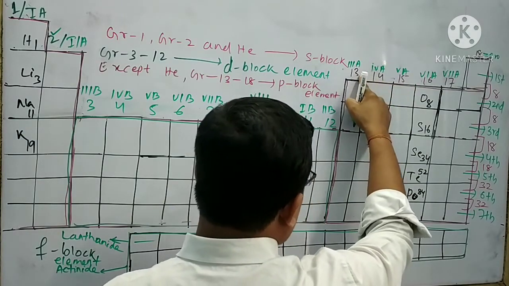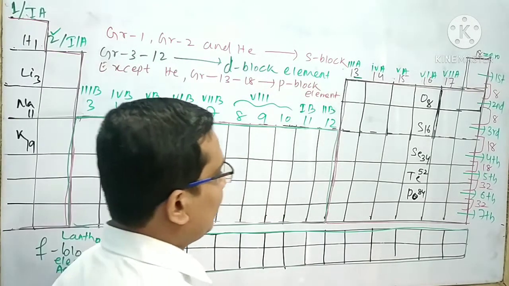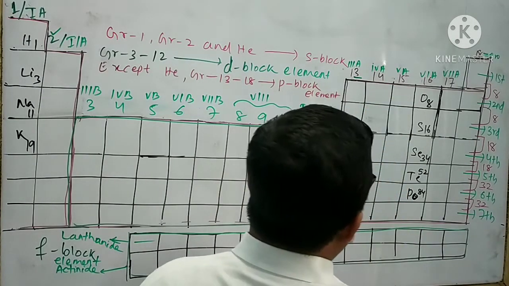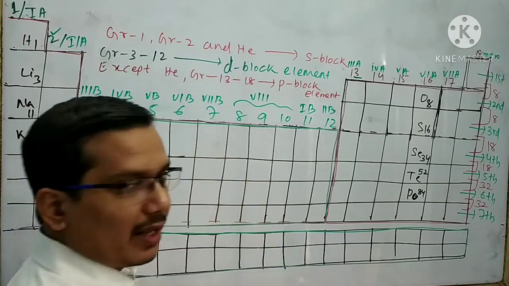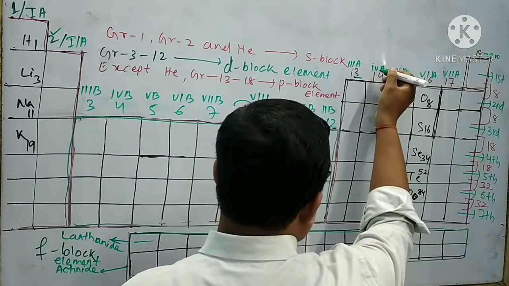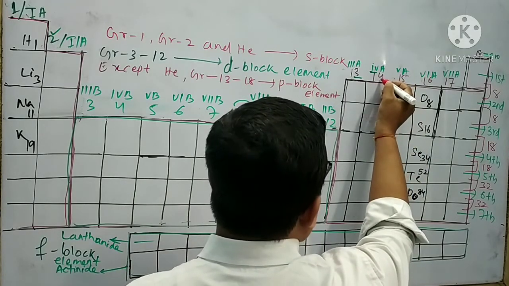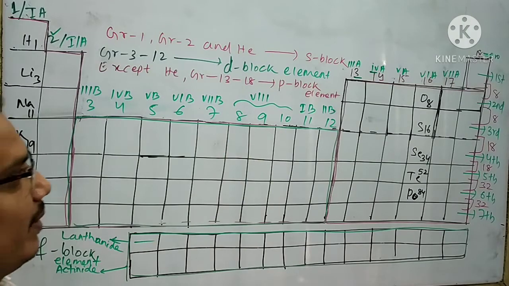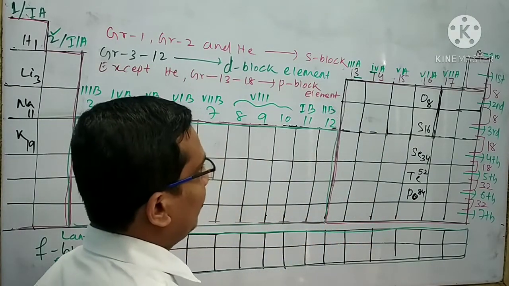Here the digit 3 indicates that the valency of the element is 3. Similarly, think about the group 14 element. The group 14 element has valency 4, so the group is IVA. Here also the digit 4 indicates the valency of the element present in group 14 is 4.